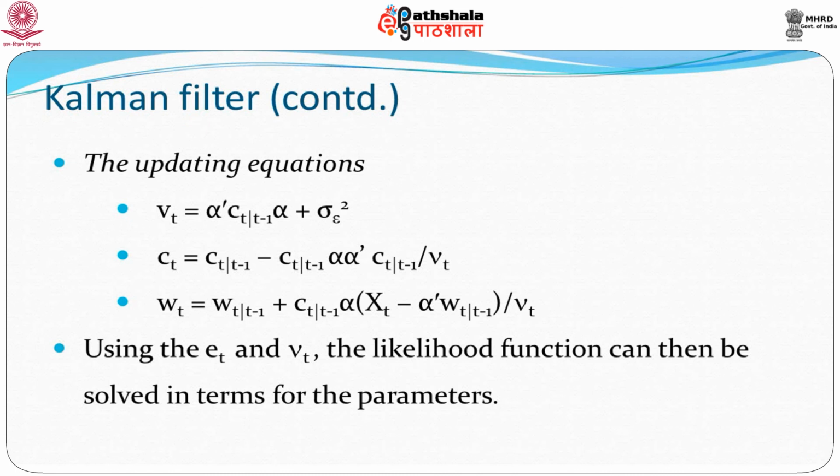Remember that this inverse part also leads to the variance, so it gives you your Ct, and this Ct into the second component gives you your Wt. So, we can now update Ct and Wt. Look at this, everything on the right hand side is given from the previous step. Of course, the alphas are unknown, and those are the things that we will be estimating.